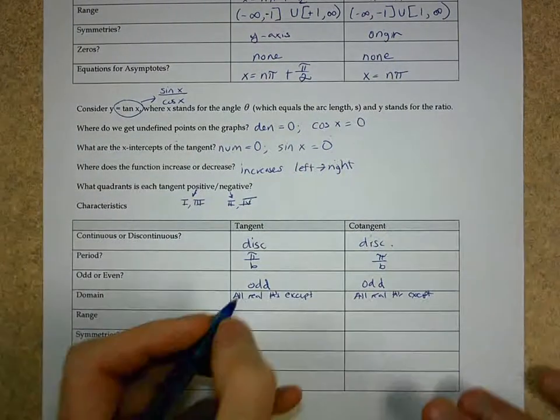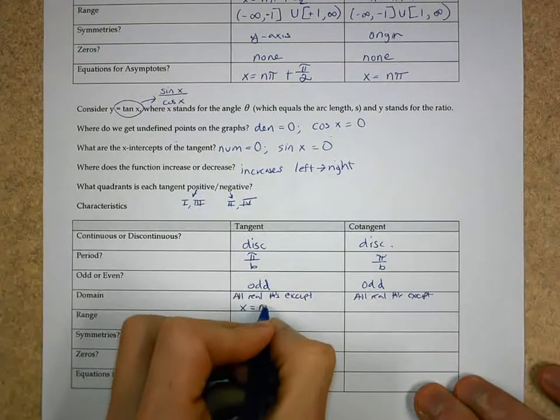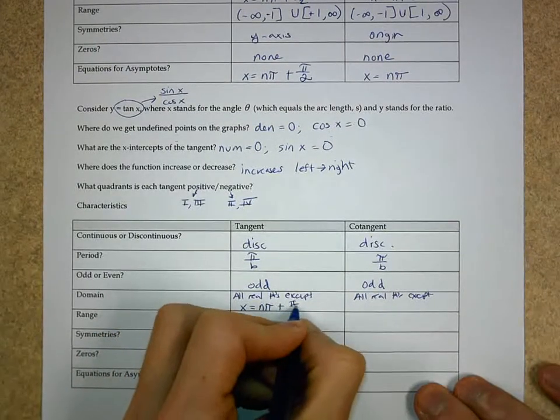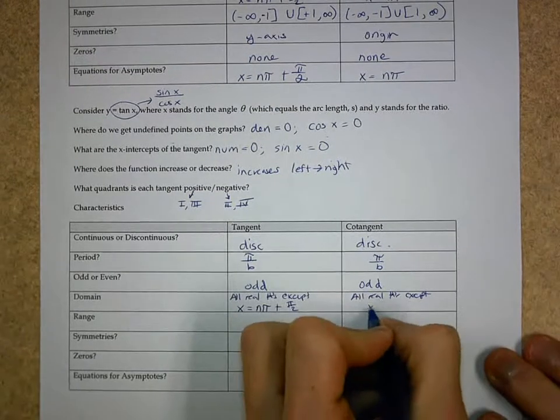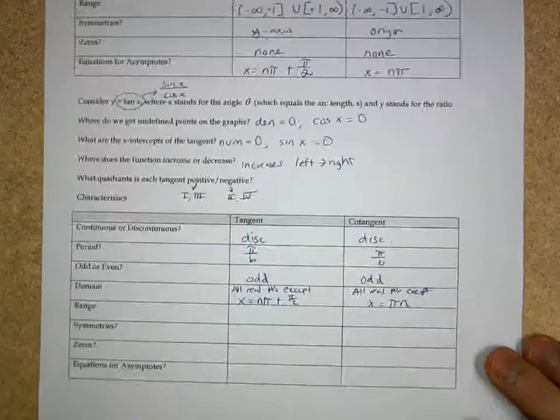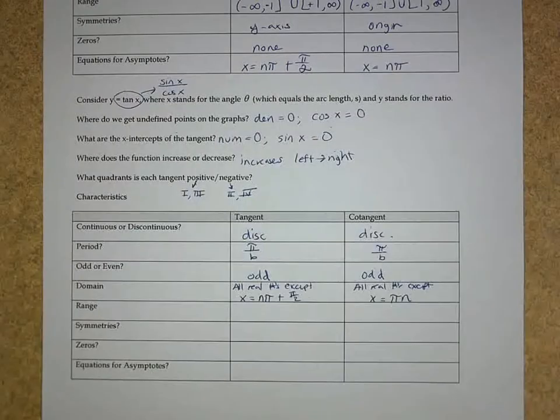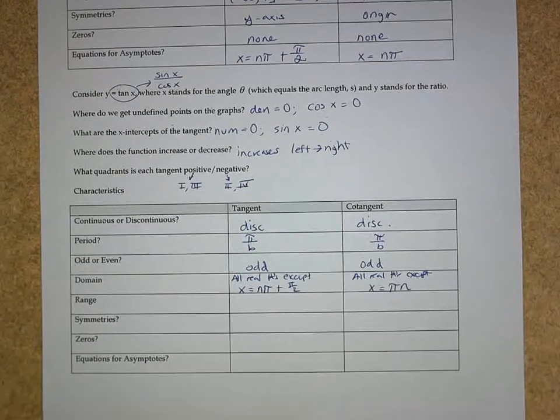So where all the values at cosine equals 0, it's n pi plus pi over 2, which we talked about in the previous section. Cotangent then is going to be where the denominator equals 0 once again, and for cotangent it's cosine of x over sine of x. So we're talking about where sine is equal to 0. So it's going to be all real numbers except for pi n, because that's where sine is undefined.